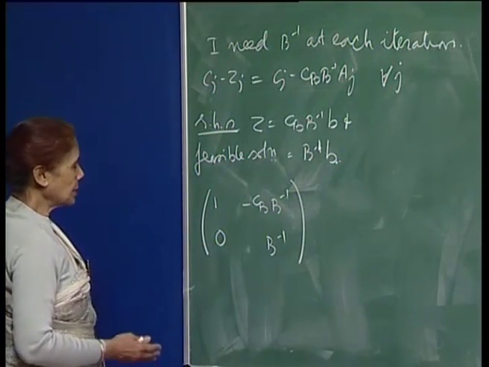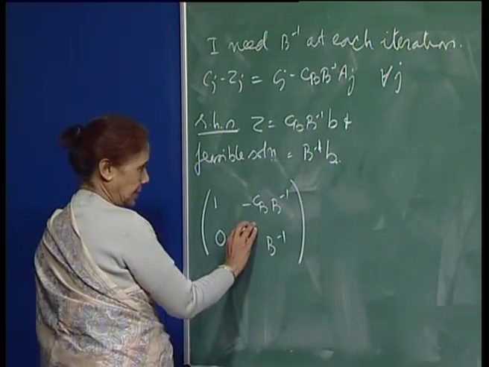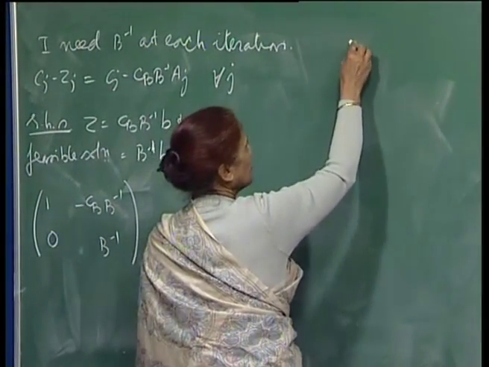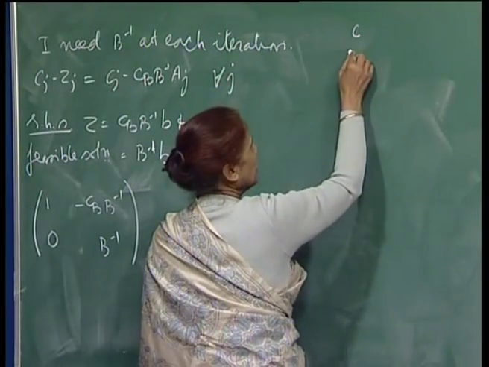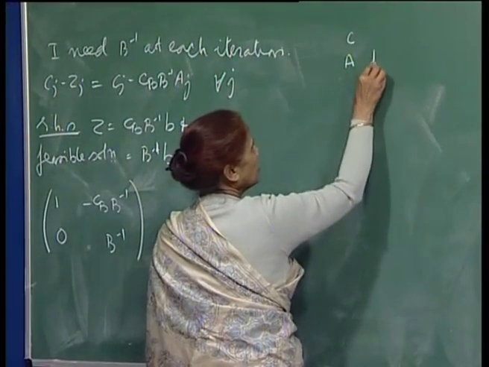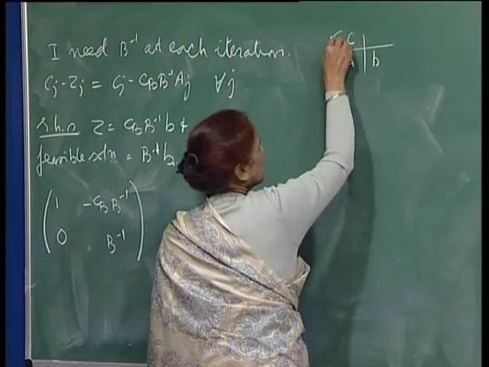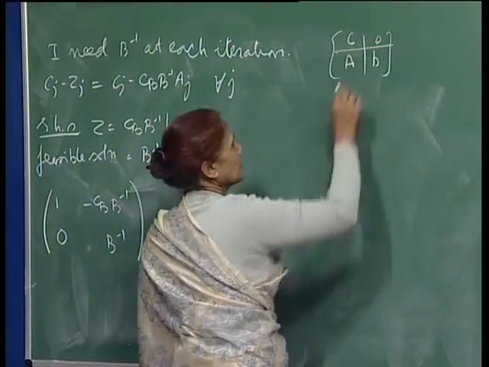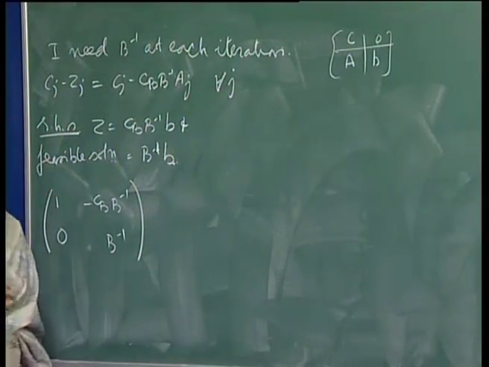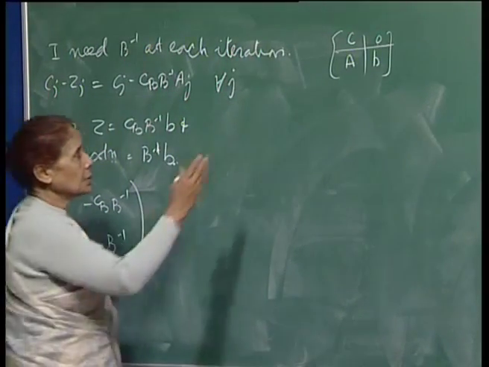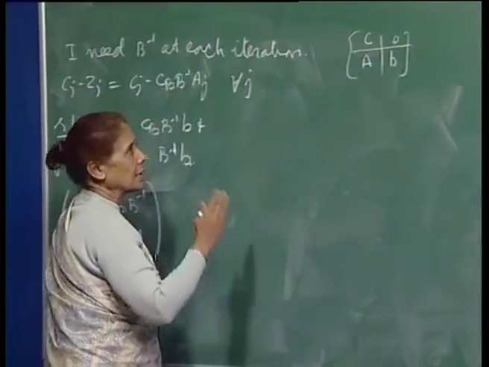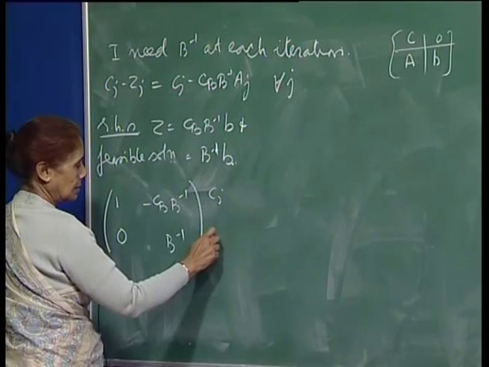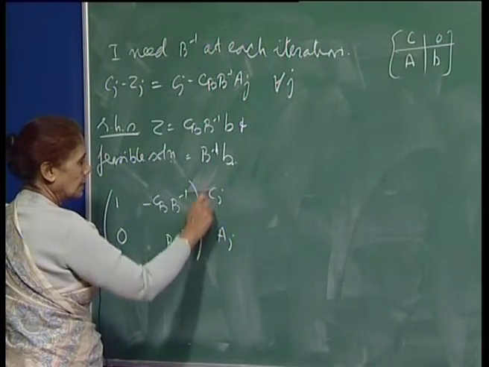The idea behind it is that if I have this and I have my tableau, so that means if you have your C entered somewhere, you have your A and you have your b. So if I have this stored somewhere in my computer, then I can recall a non basic column, and multiply the top row by Cj, Aj.